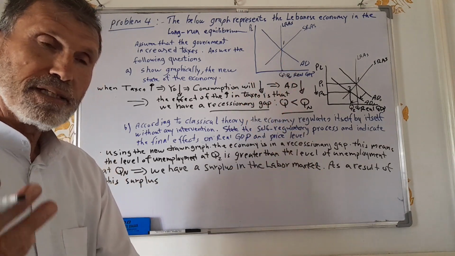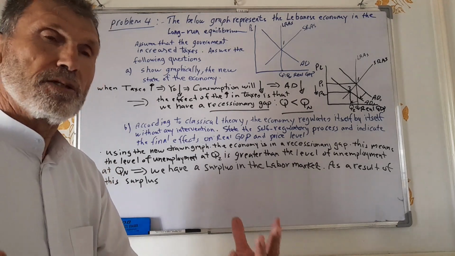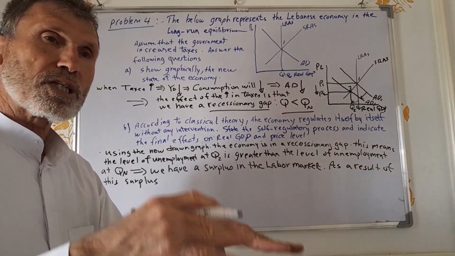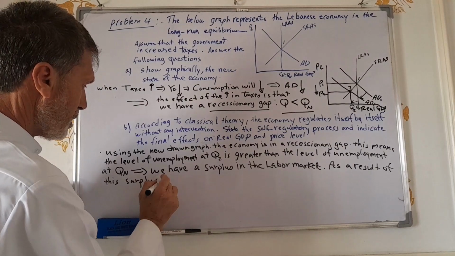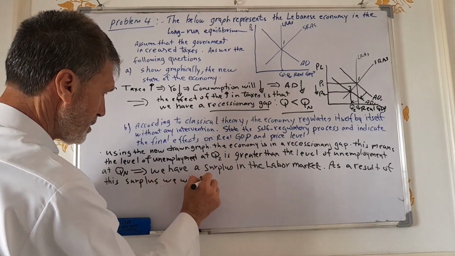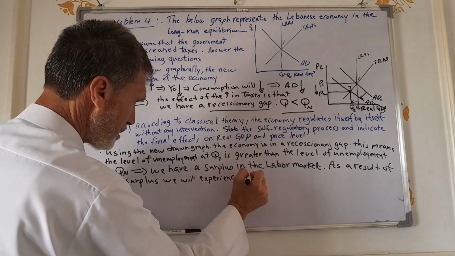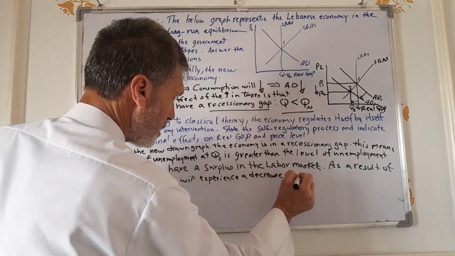As we said, the classical economists believe in the flexibility of wages, which means that the wage rate will, of course, be pressured to go down. So, because of the surplus, we will experience a decrease in wages.